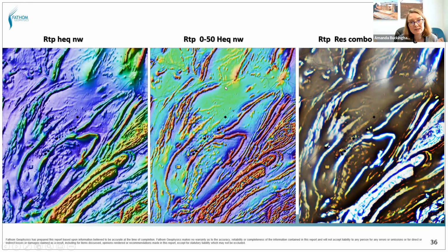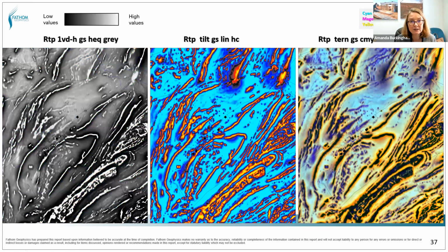So in some filtered products, you can see it well and you can track it. For example, the tilt angle in the middle. And in other products, you just can't track it very well. Remember, the tilt angle was that filter that makes the data on or off. So once you've got your eye into the area, you can use that and interpret.